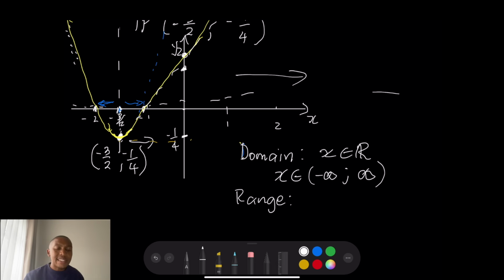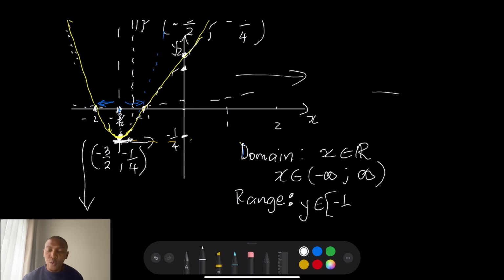So the graph essentially does not exist below that point. So it exists from -1/4 in the y, all the way up until infinity. So our range in this case would be y is an element of, sorry about that, -1/4.